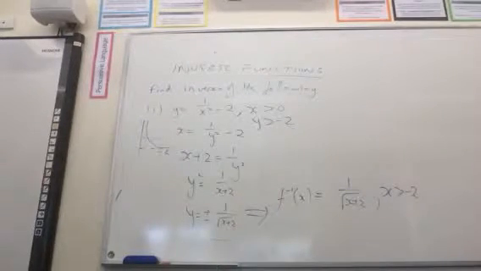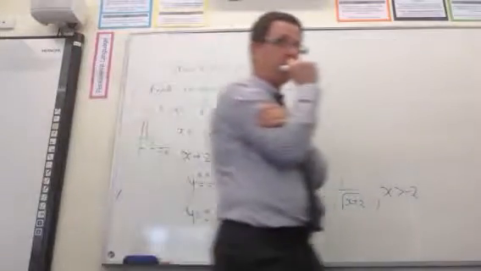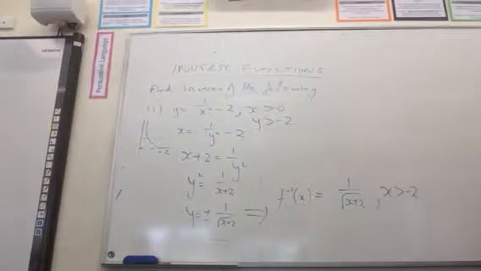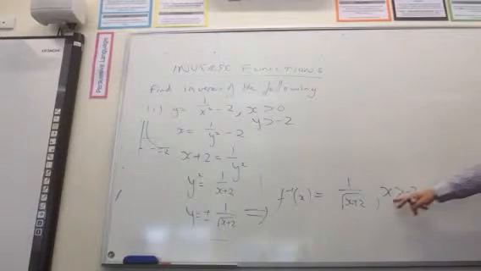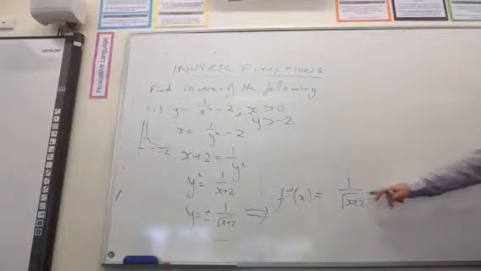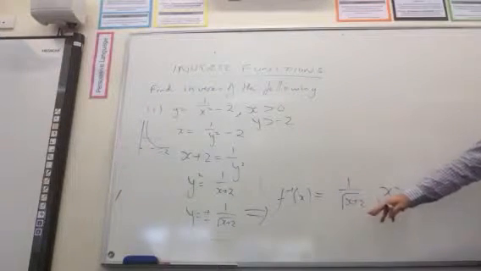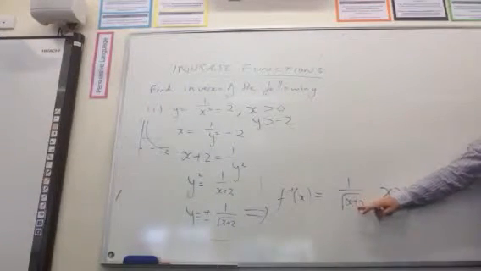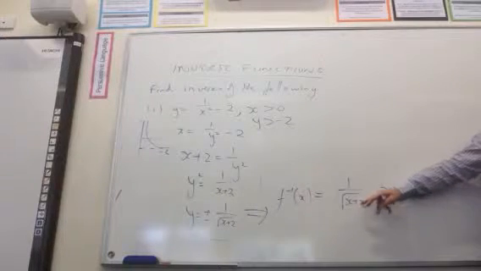So am I putting the positive or am I putting the negative? Positive. Why? Because you can't get a negative because there's a square root there. Hang on. I can't get a negative. Why? Your x is greater than negative 2. That just makes sense for this function. True? I can put negative 1 in there, I can put 0, I can put 2, I can put 20, I can put whatever.